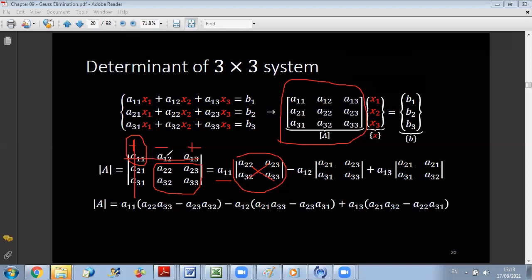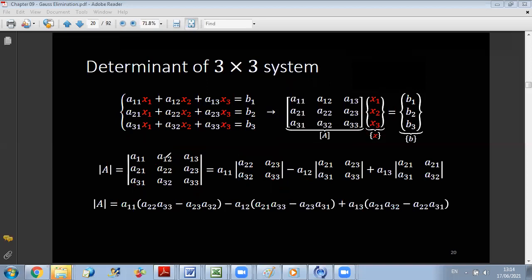Now I move to the next element. So minus a12. Now I drop the column of a12 and the row of a12. The remaining terms will be a21, a31, a23, a33. So I determine the determinant of this matrix. And the final term will be plus a13.